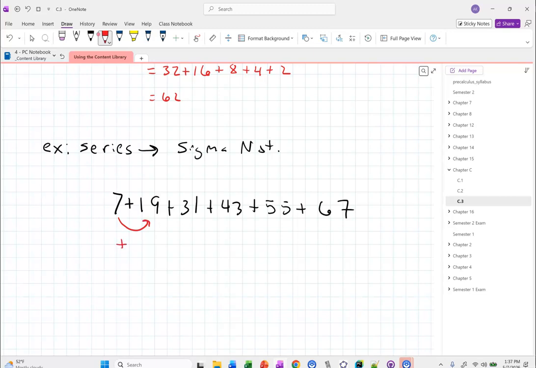So if I look at this, it looks very much like an arithmetic sequence, because I don't know a number that's going to multiply by 7 to get 19, or by 19 to get 31. But it looks like we're adding 12 each time, right?